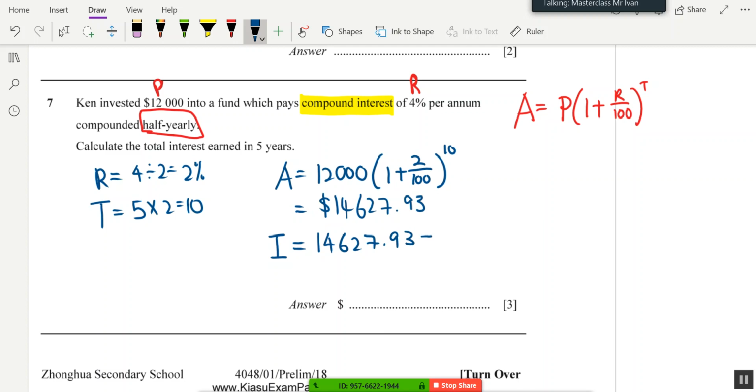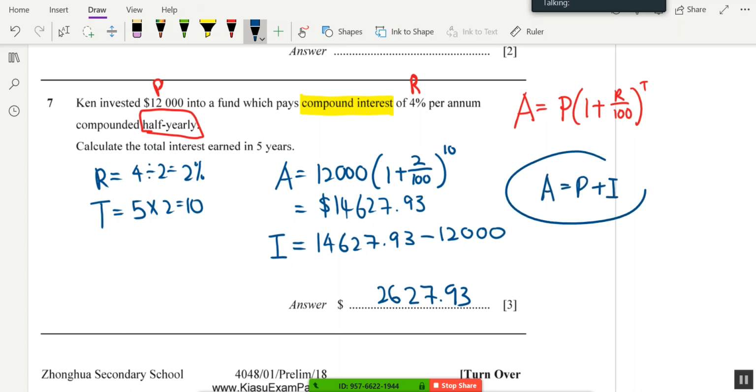Do you understand why? Okay, be careful. This is where most of you will lose your marks. What's A? Amount at the end. A is equals to principal plus interest.